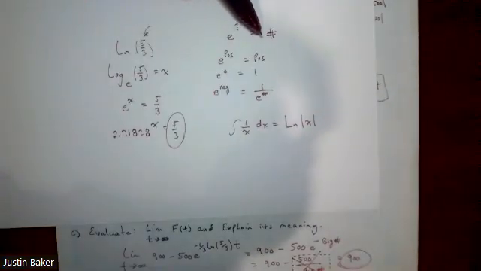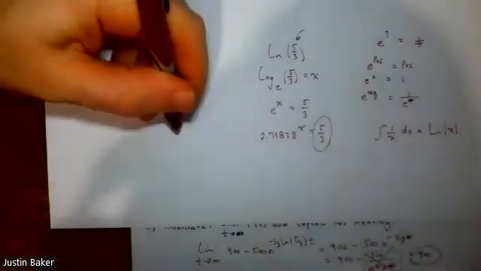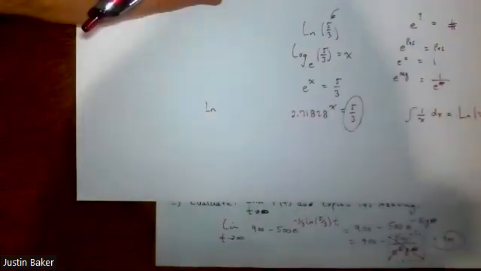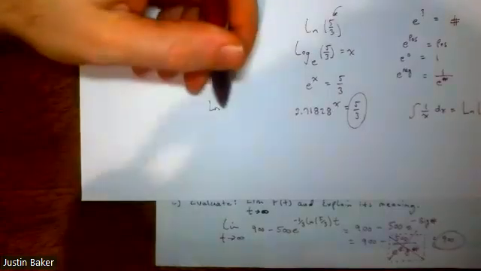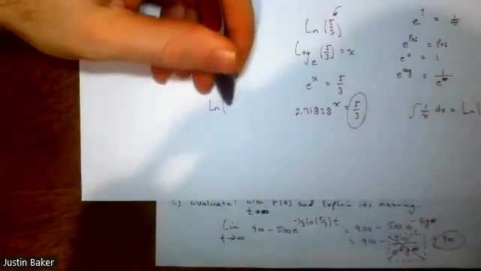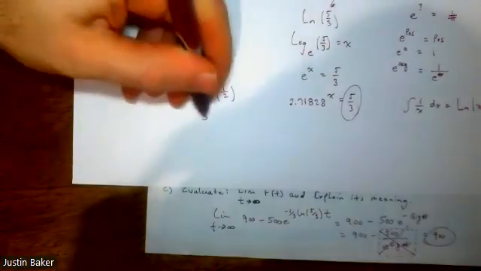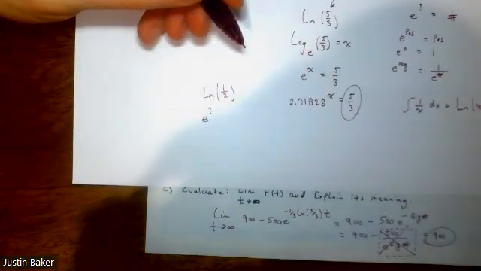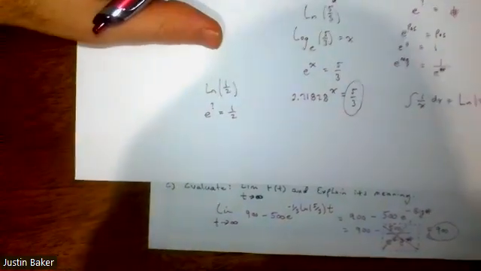Wait, wouldn't a natural log... Let's see. So you're saying natural log of something between 0 and 1. Okay, so natural log of a half. So if we did that, that's going to be e to the what is equal to a half.